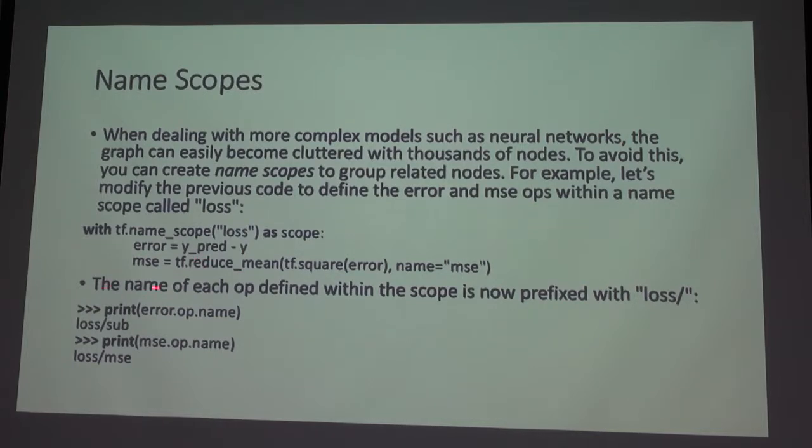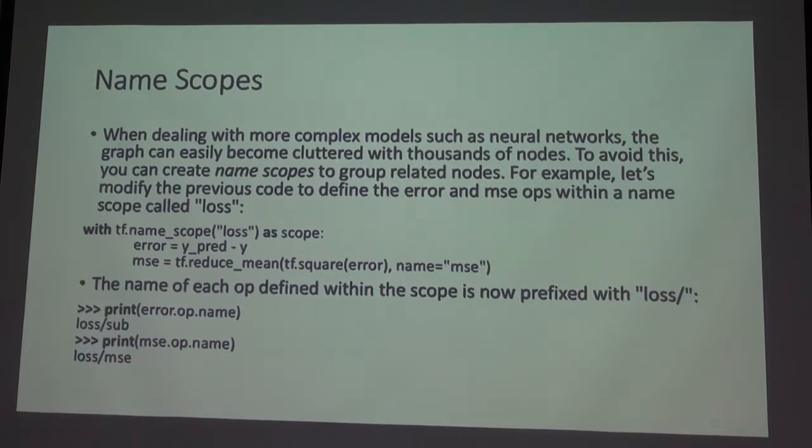If you check the name for each operation, for the error and the MSE, each of them will be prefixed with loss. For example, print error.op.name is going to be loss/sub, and print mse.op.name is going to be loss/mse.